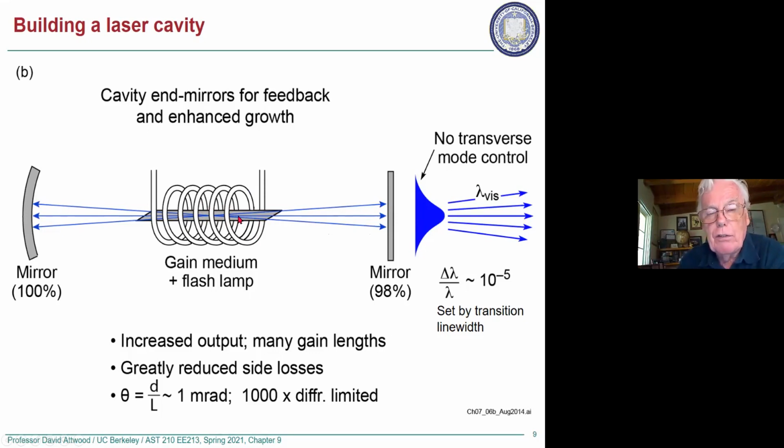It's like an avalanche effect. They'll be causing atoms in their path that are in the upper state to give up their photon. The stimulated emission happens. And now there are going to be fewer of those atoms in the excited state that could radiate a photon in some uninteresting direction. Okay, so the process starts.